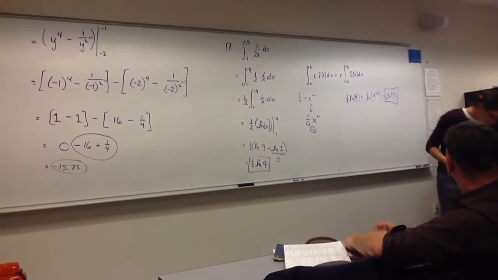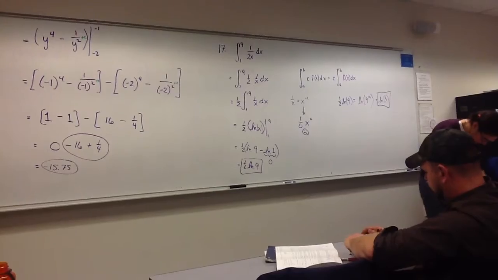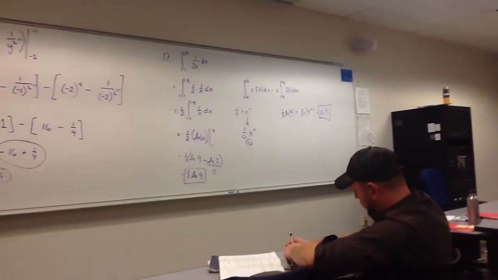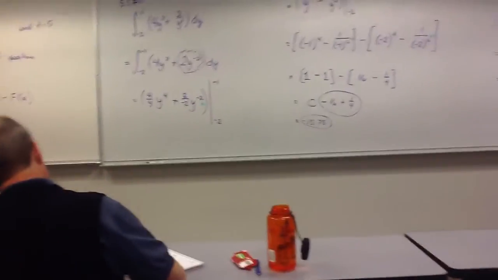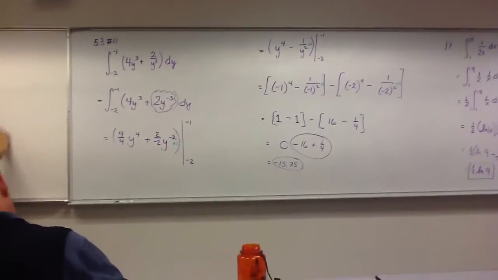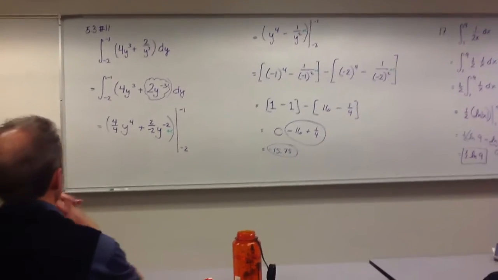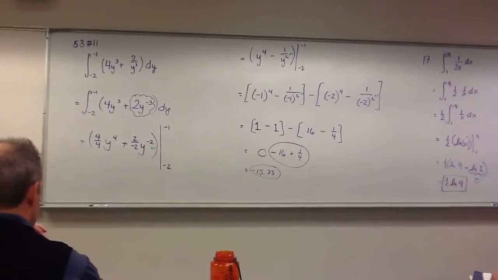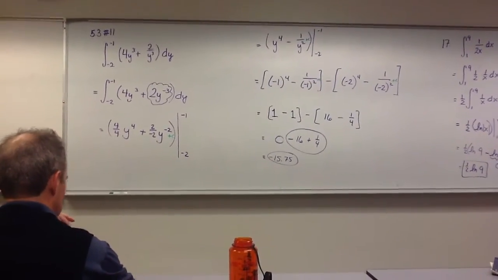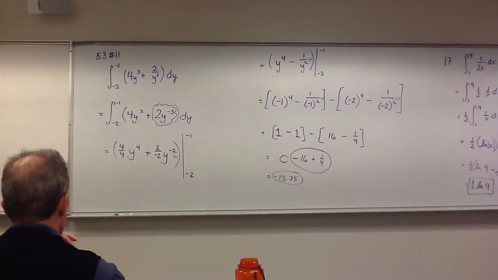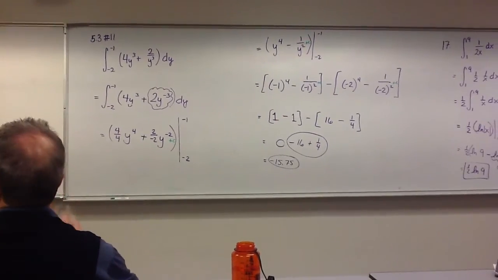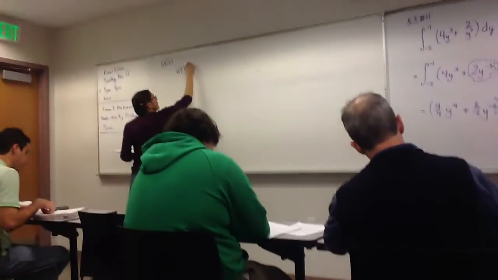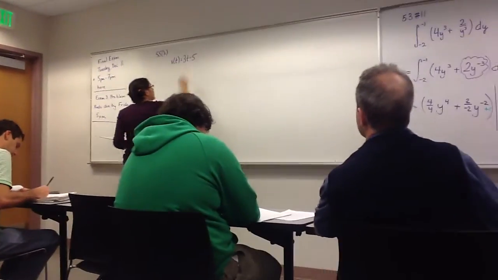Okay. So then how about we take a look at 55 part B. So we are given that the velocity is equal to 3t minus 5.